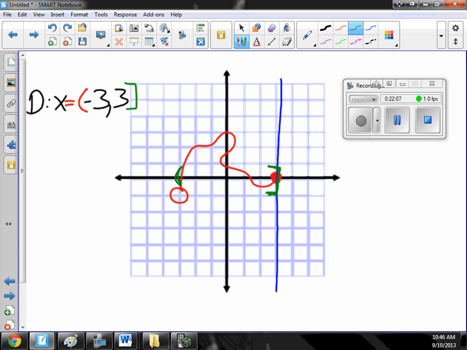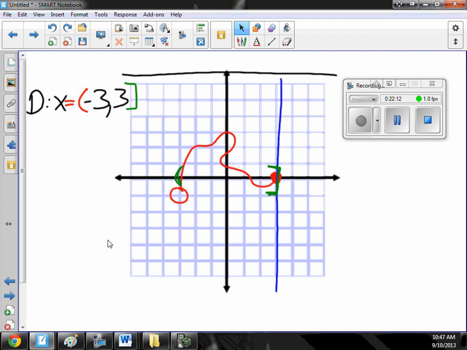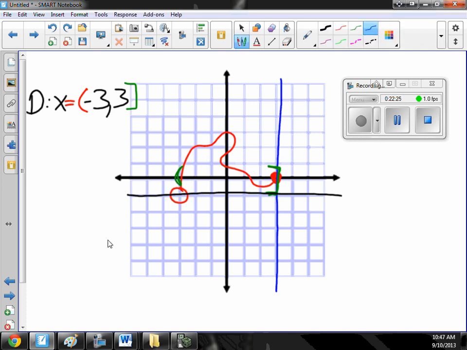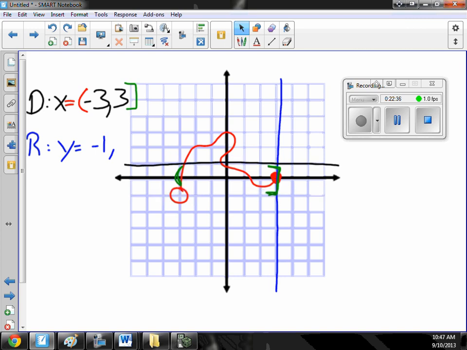Right? Let's look at our ranges. So now we need a horizontal line. Are there any y values that miss? Yes. What is the smallest y value that we're going to include? Right there, -1. So the range are the y values equal to -1, comma. How high can I go before I start missing? Well, 4 misses.